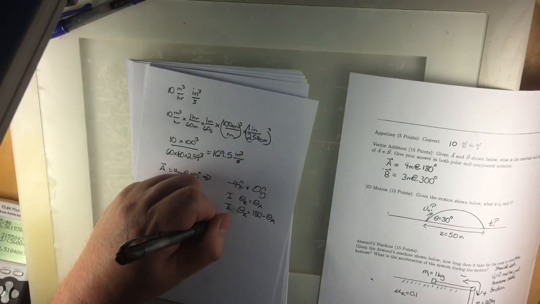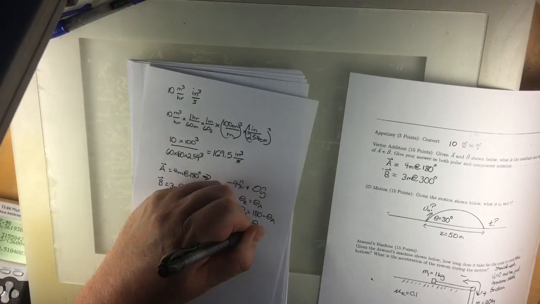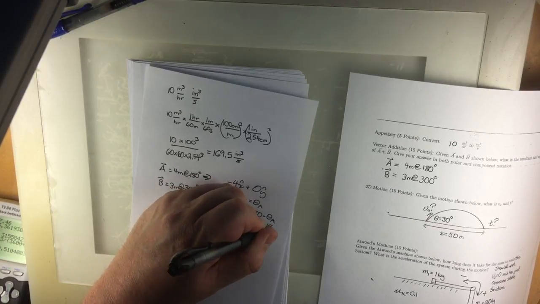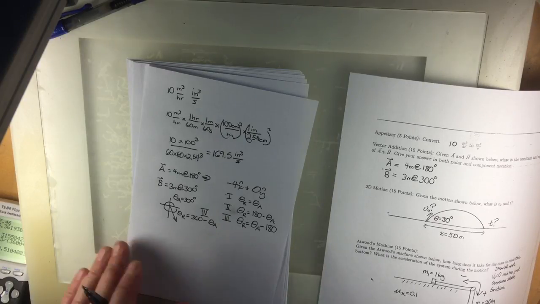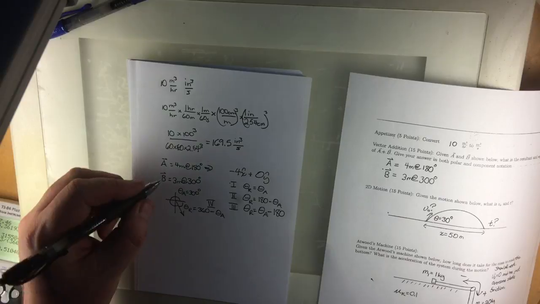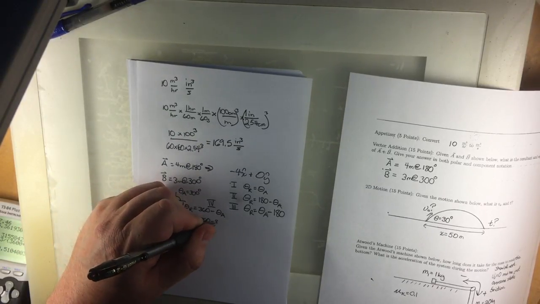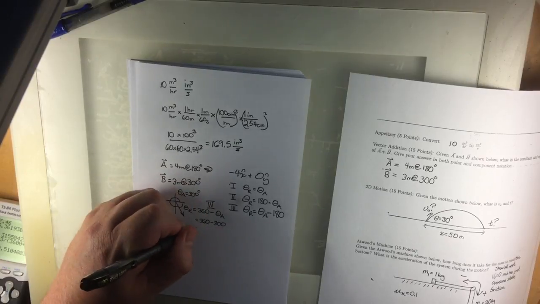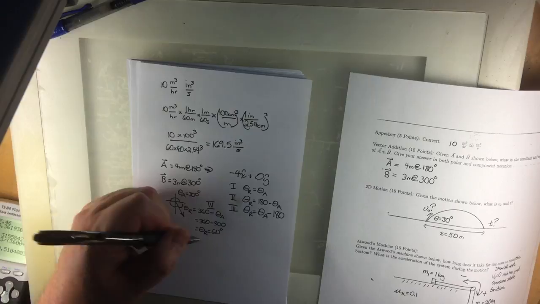And for third quadrant, the reference angle is absolute minus 180. So being able to change these when it's necessary is important. So with 300, 360 minus 300, your reference angle is 60 degrees.